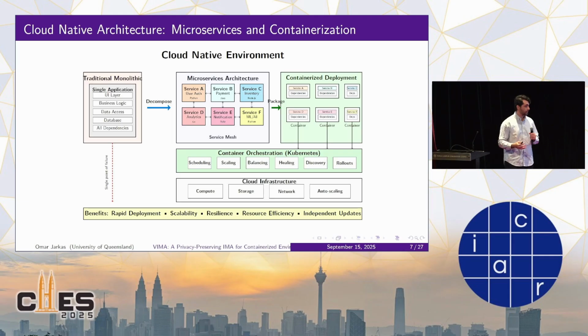But as you guys know, it was published a long time ago, over 15 years ago, and modern computing has changed a lot throughout this period. With the rise of cloud computing and those cloud native deployments these days, the paradigm of computing has changed from traditional monolithic single application deployment, where everything is bundled up in one big monolithic VM, to microservice architectures, where you have different services running together and talking to each other, having their own software stacks.